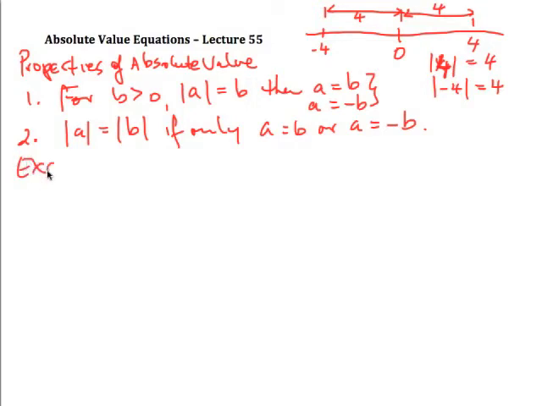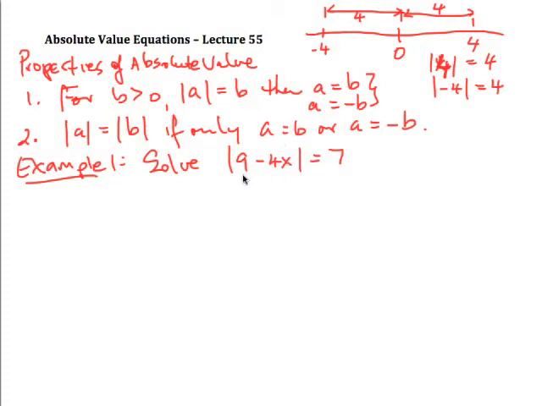So let's look at an example. Let's suppose I want to solve the absolute value of 9 minus 4x is equal to 7. You notice that we don't know what this is in here.